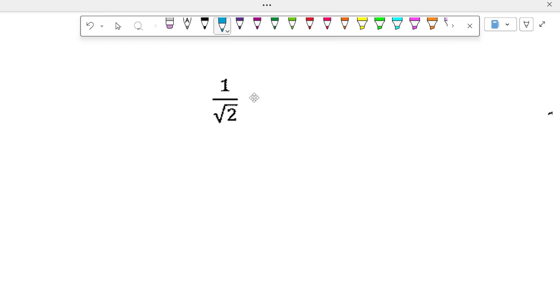Right. So we take whatever's in the denominator, and we're going to multiply the numerator and the denominator by the square root of 2. So what's 1 times the square root of 2? 1 square root 2, or just the square root of 2?